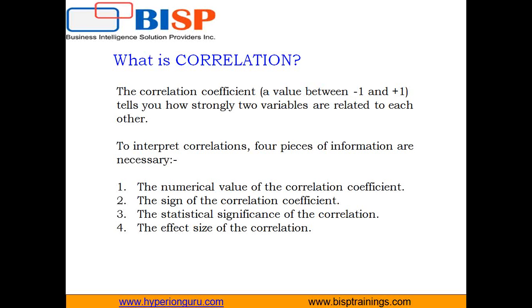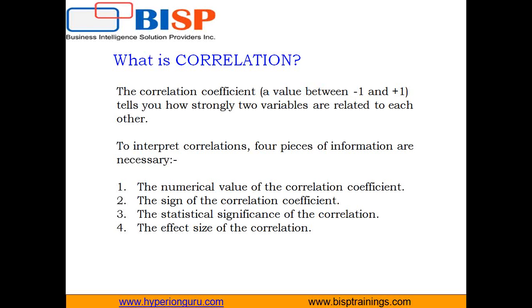And a negative correlation means that if variable 1 increases, then variable 2 decreases, and vice versa. So in other words, the variables move in opposite directions when there is a negative correlation. The negative sign indicates that as class size increases, reading scores decrease.